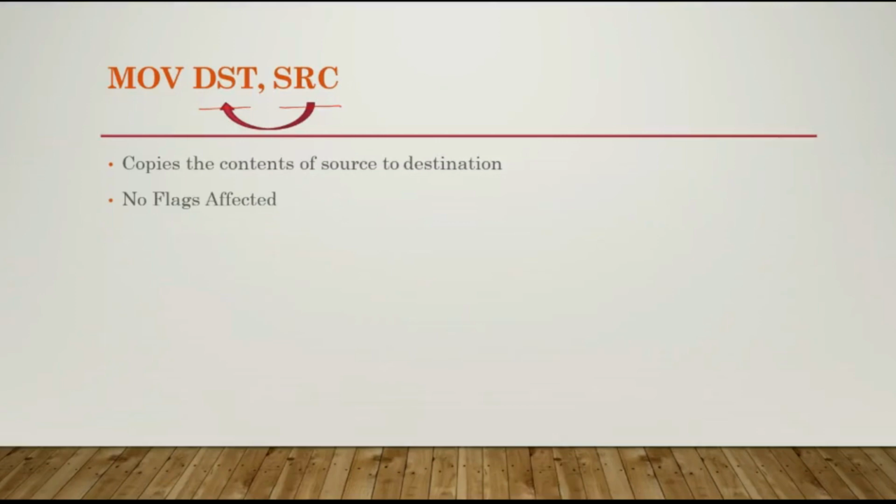We should know that arithmetic and logical operations are going to affect our flags, because for any arithmetic and logical instruction, we are going to perform some operation on data that uses your ALU, arithmetic and logic unit. So it affects your flags. As move is a data transfer instruction, it does not use ALU, so no flags will get affected.